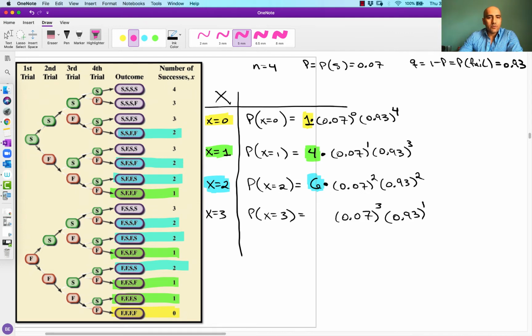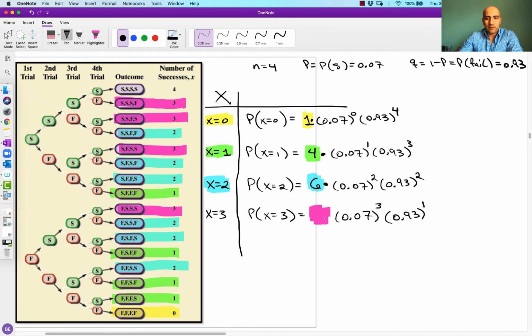So all the ways in which we had 3 successes. So that's this one, and this one, and this one, and this one. 1, 2, 3, 4 different ways that could happen. So I'm going to highlight it, and so that means that there's a 4 times there. 4 times that. Good. And that means that this guy is this guy.